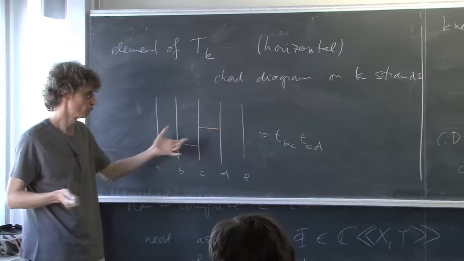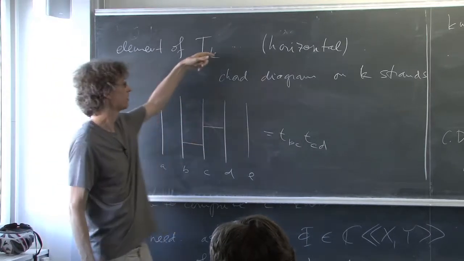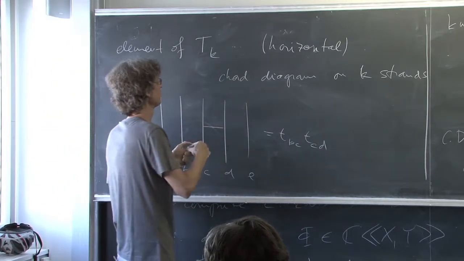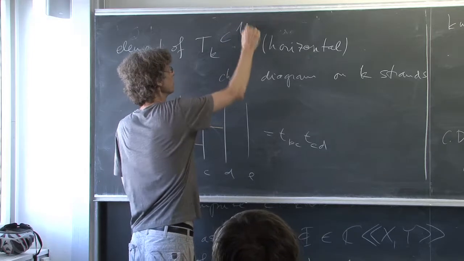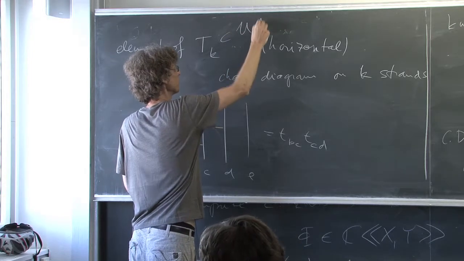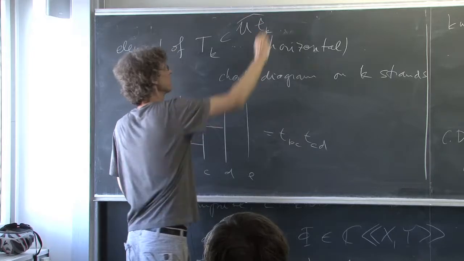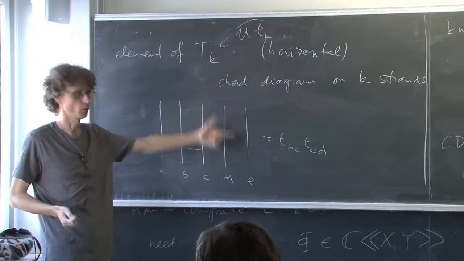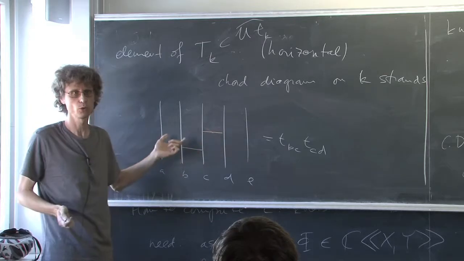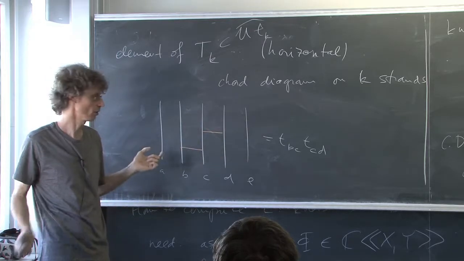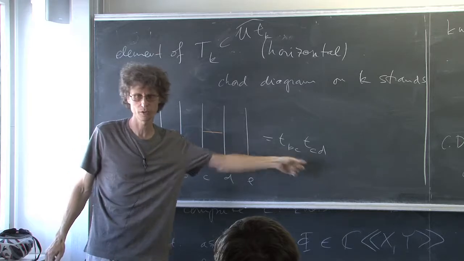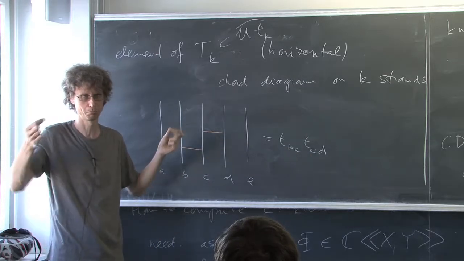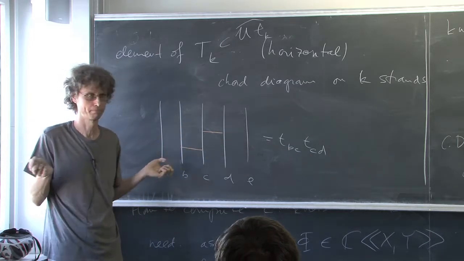And so anything from here, which is contained in the completed enveloping algebra of this t_k, is a linear combination of things like that, and you just draw it as a chord diagram. So now in place of writing symbols, we will just draw those chords. That's it.